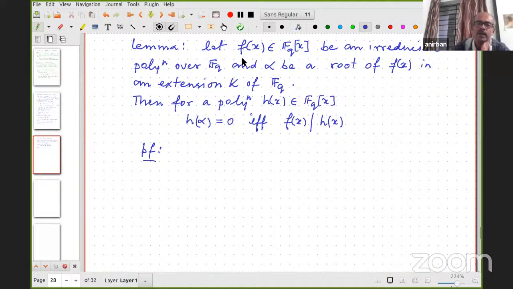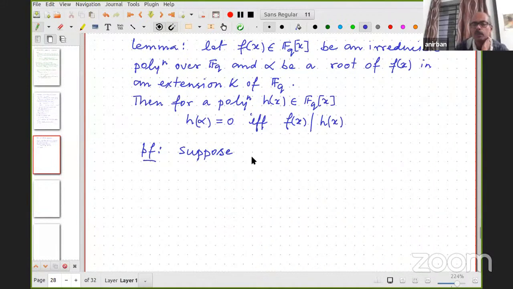So the essential point here is that f(x) is an irreducible polynomial. So the first step is to prove that f(x) is the minimal polynomial of that element alpha. So suppose g(x) in the same ring is the minimal polynomial of alpha.